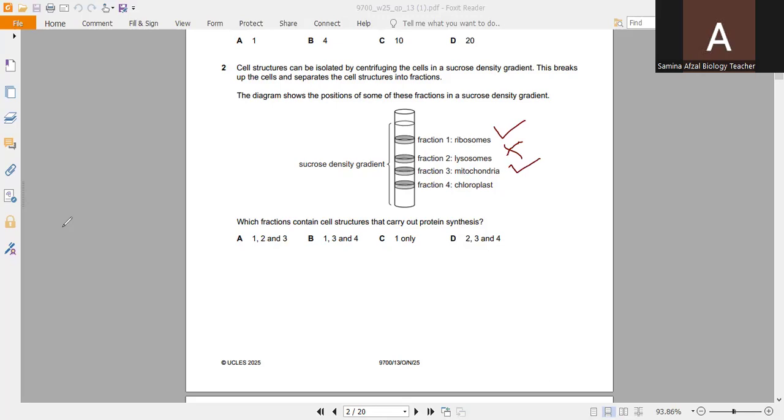And fraction 4 is chloroplast. Like mitochondria, chloroplasts are semi-autonomous organelles containing 70S ribosomes to carry out protein synthesis. So fractions 1, 3, and 4, the B option, is the correct option. A, C, and D are not the correct options.